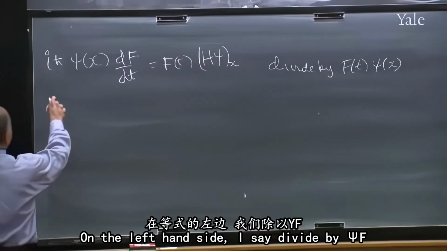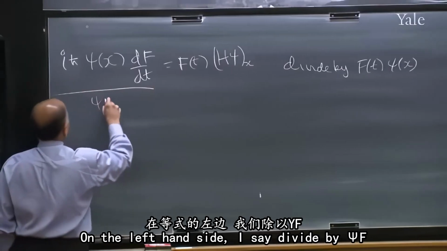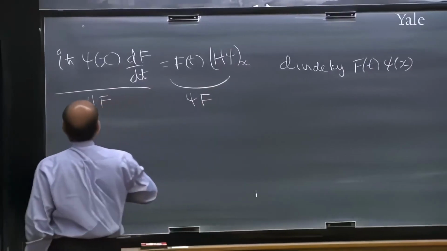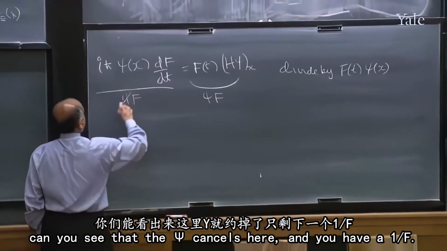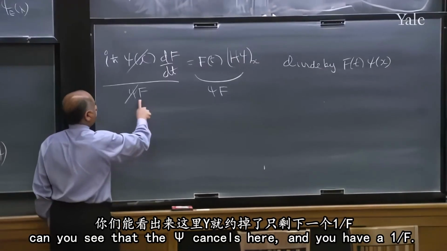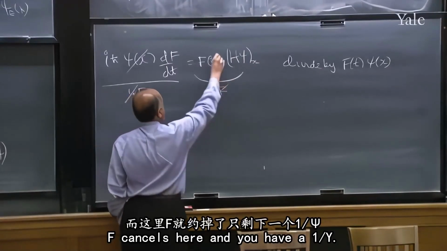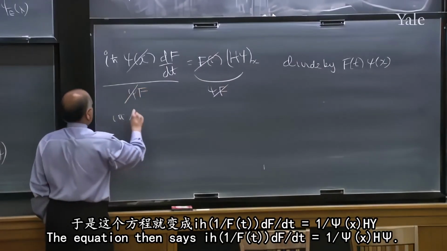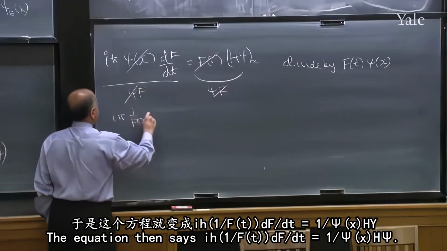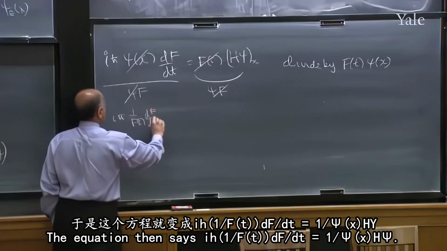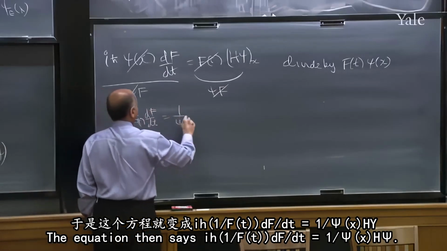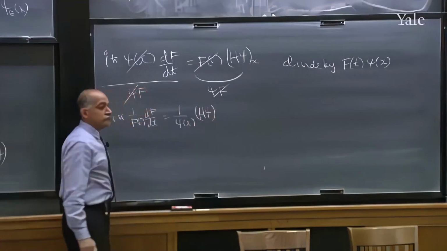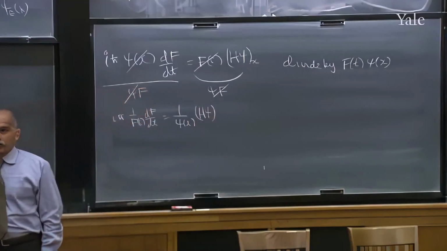On the left-hand side, I say divide by psi f. And the right-hand side, I say divide by psi f. Can you see that the psi cancels here? You have a 1 over f cancels here, and you have a 1 over psi. The equation then says i h bar 1 over f of t df dt is equal to 1 over psi of x h psi.